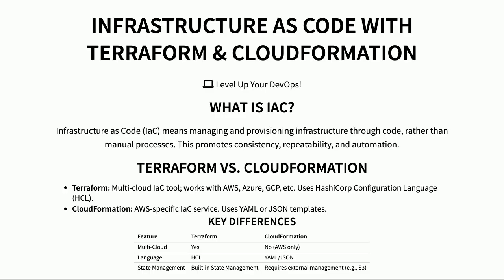It uses its own language called HCL, which can seem a bit different at first, but it's very powerful. CloudFormation is specifically for Amazon Web Services and uses YAML or JSON to define your infrastructure. There are some key differences between them, particularly around multi-cloud support and state management. We'll take a quick look at a table that highlights those contrasts. Ultimately, both tools help us automate our infrastructure, which means less time on tedious tasks and more time building awesome applications.